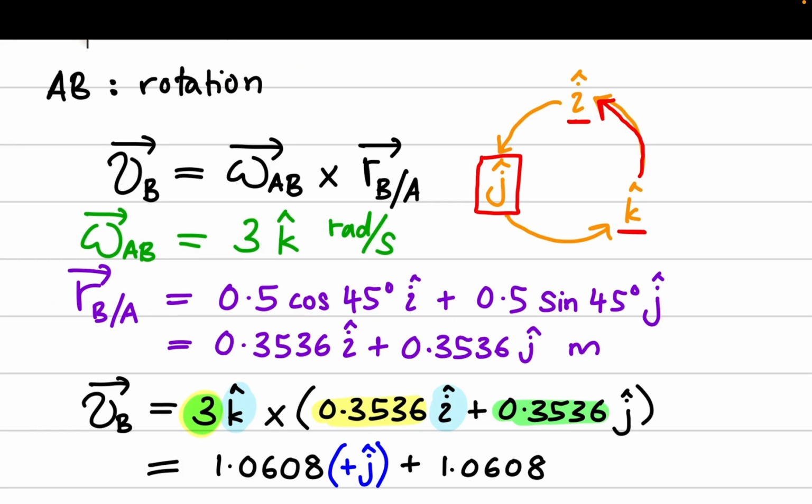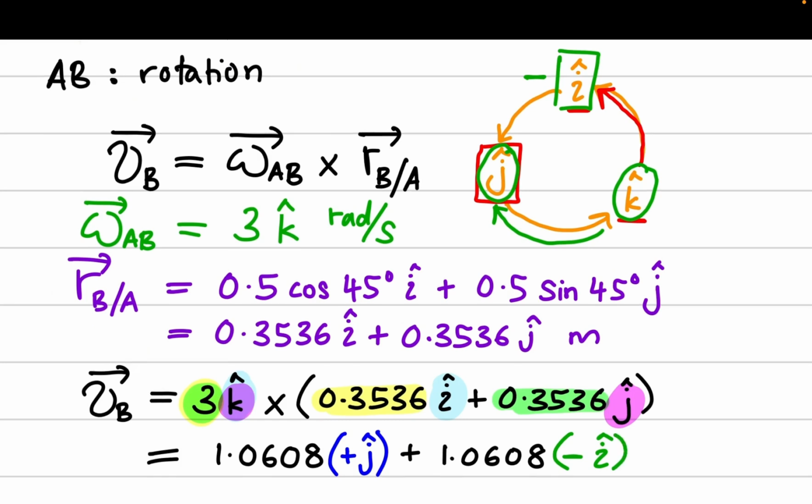And the second vector multiplication will be K cross product J. So we go back to this. Now it is K cross product J, it will go the other way around, which is clockwise. Now it will give you the negative value of I. So what we get here is negative I.